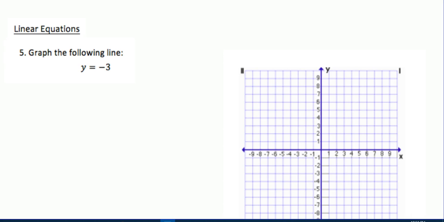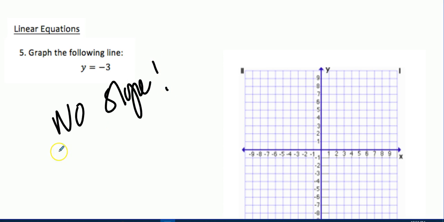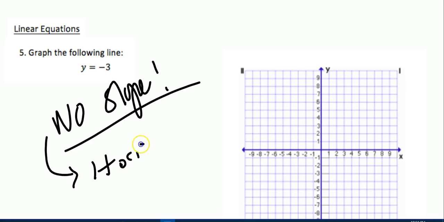Number 5, y equals negative 3. Now that's tricky. There's no slope. So no slope means horizontal line. And if you didn't know that, you could go to y equals negative 3. And y can only equal negative 3 for any x value. So like x equals 5, y has to be negative 3.